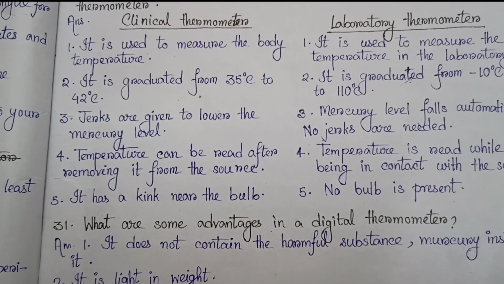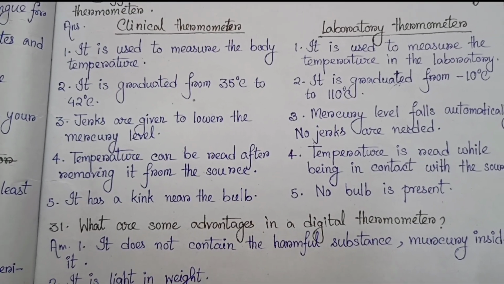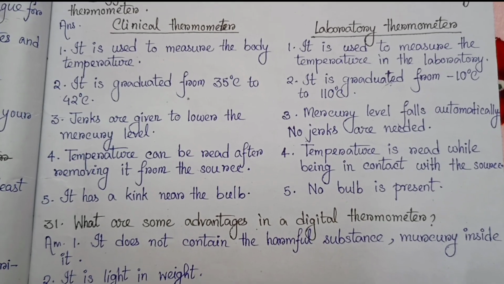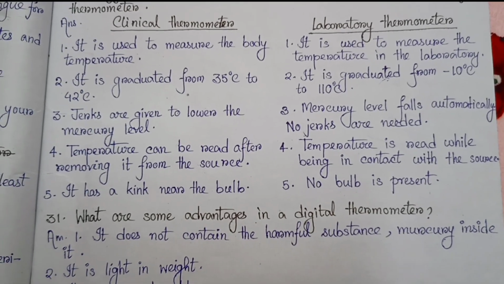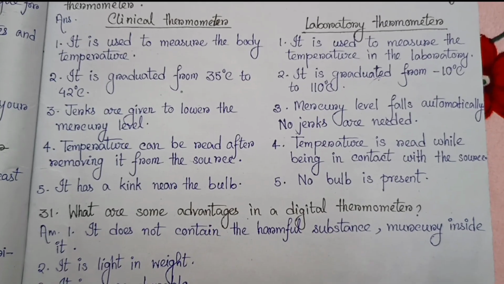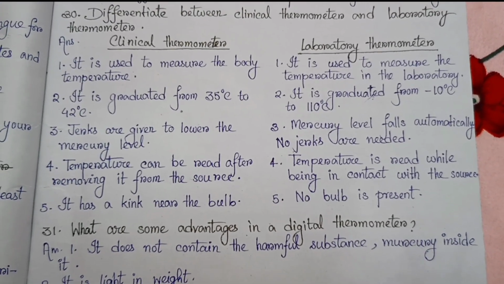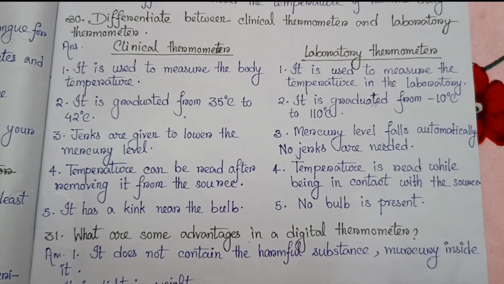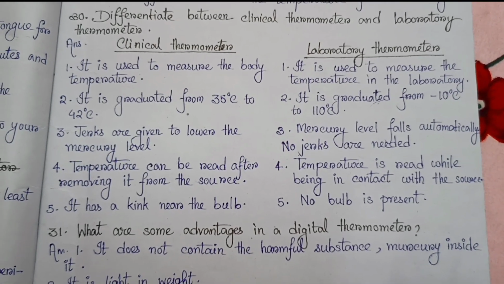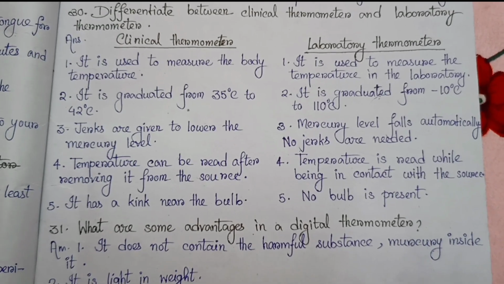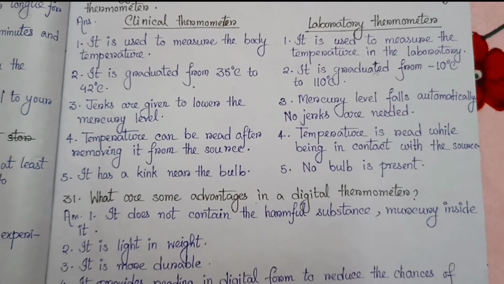Number 3, jerks are given to lower the mercury level. Number 3, there, mercury level falls automatically. No jerks are needed. Number 4, temperature can be read after removing it from the source. Number 4, temperature is read while being in contact with the source. Number 5, here it has a kink near the bulb. Number 5, there no kink is present.